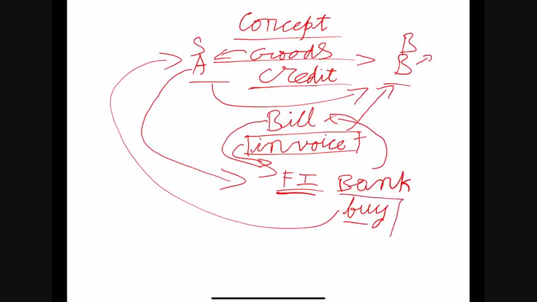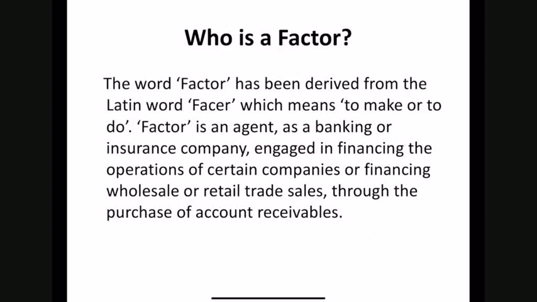Try to understand, he will buy. Who will buy? The bank will buy. What? The invoice or bill from me, the seller. This is called factoring. So the bank or financial institution is called the factor, and the service it is providing is called factoring. Now let us move further.